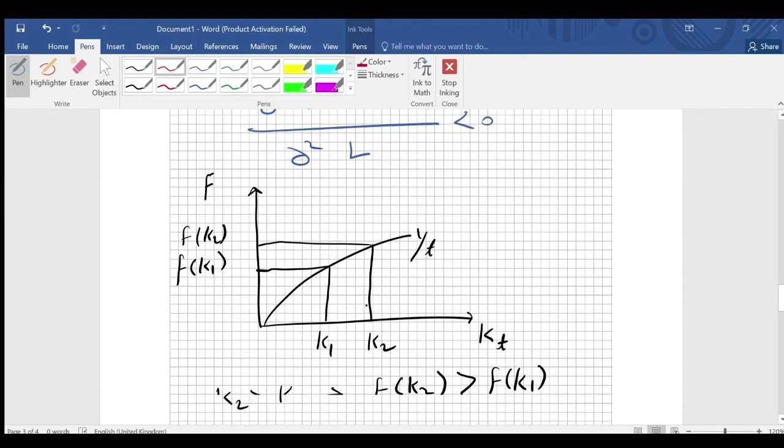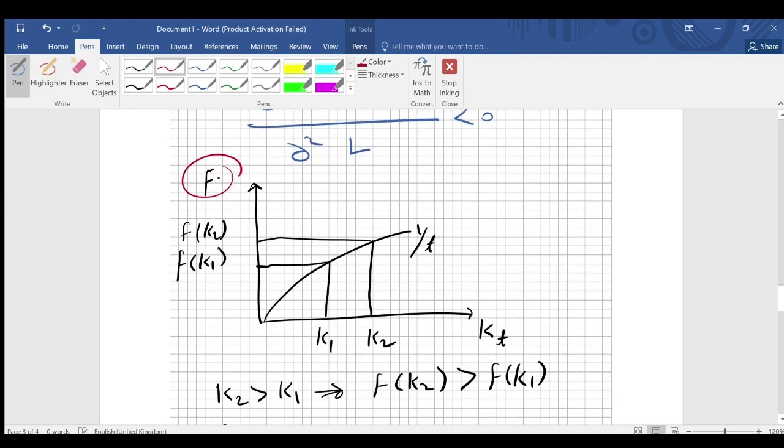Graphically, we can show it like this. If this is our production function, this is our capital, and this is our output. The output is increasing, but the slope is decreasing. It's getting less and less steep.